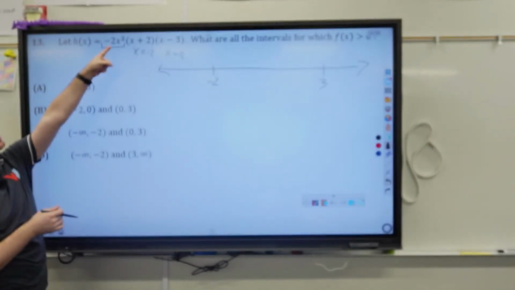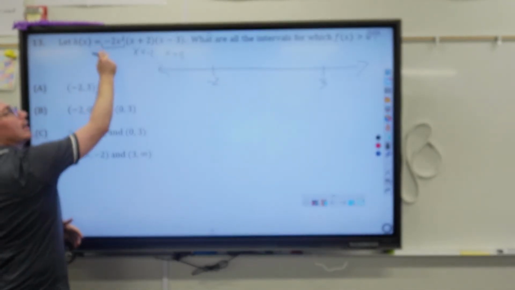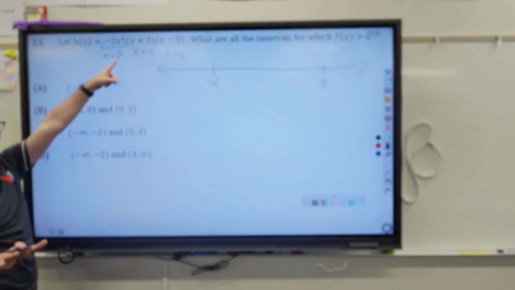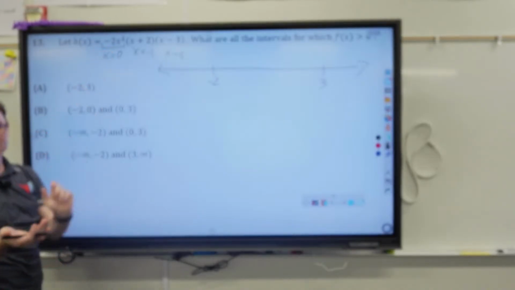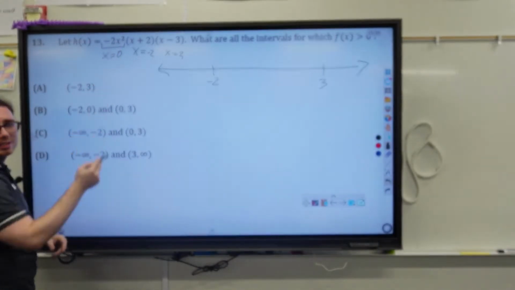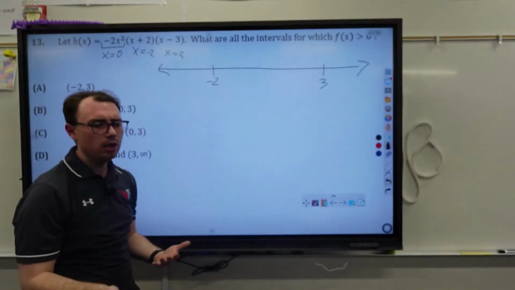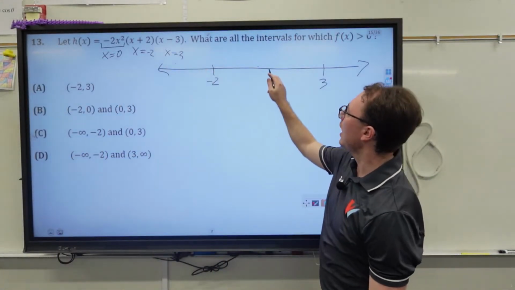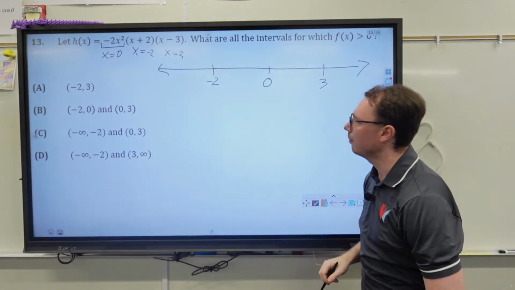So we can claim that x equals 0 is that third hidden root because it's just multiplying its coefficient and then squaring itself. So 0 times 0 is 0, times -2 is 0, times those other two is going to be 0. So we have that third root of 0.